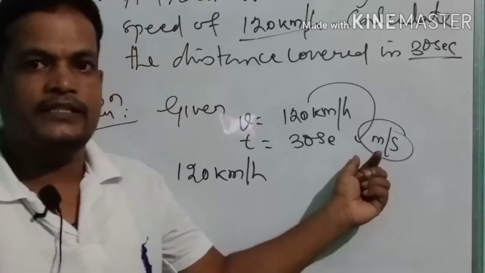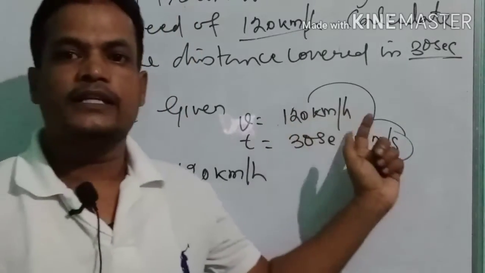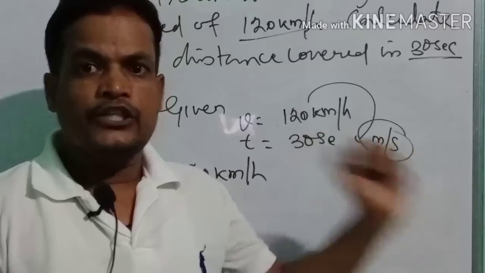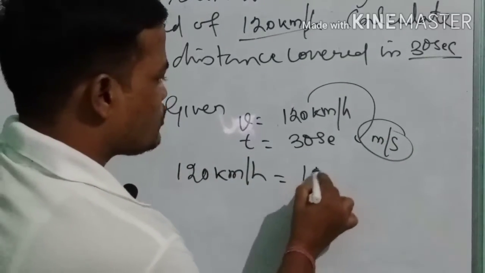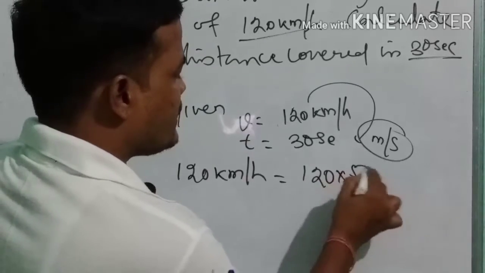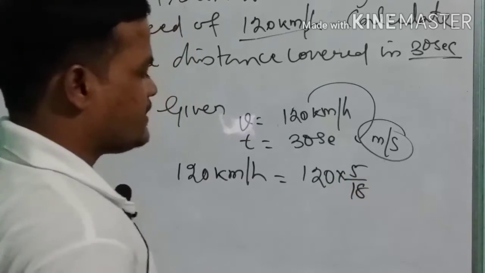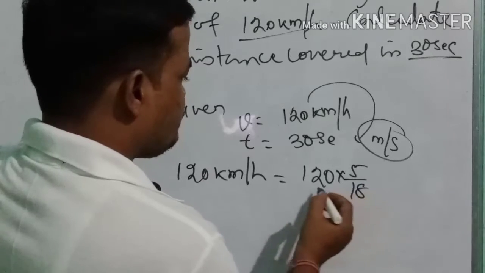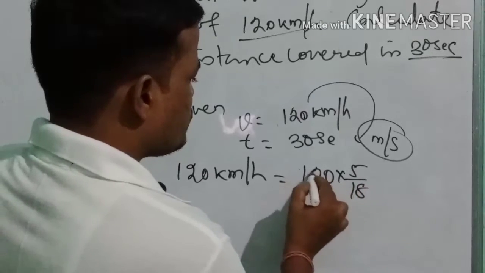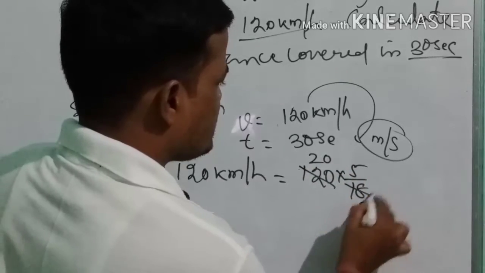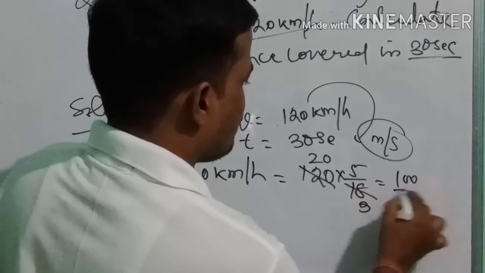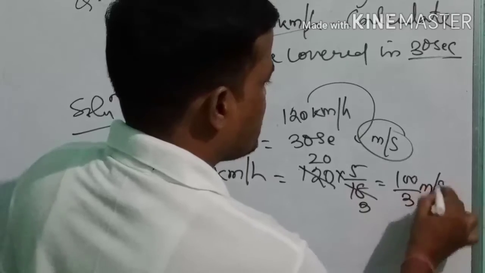Otherwise, you cannot calculate here. So 120 kilometer per hour, just convert it to meter per second. We know the formula, so 120 into 5 by 18, is it right? It comes to 100 by 3 meter per second.